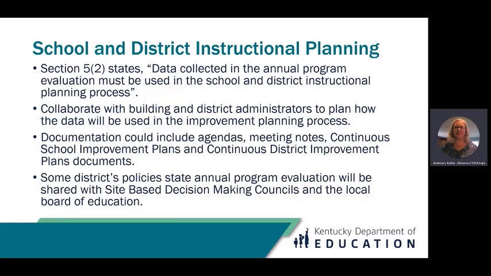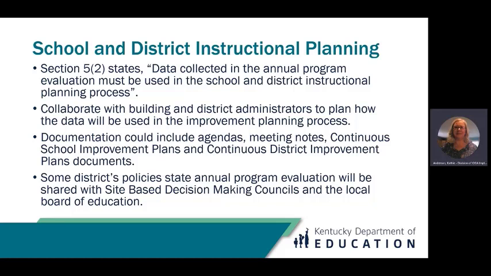This next part is school and district instructional planning. So according to the Gifted Regulation, Section 5, Subsection 2, it states that data collected in the annual program evaluation must be used in the school and district instructional planning process.